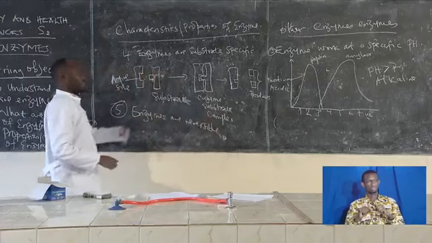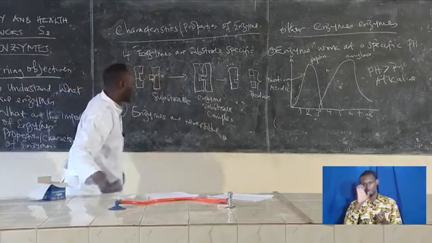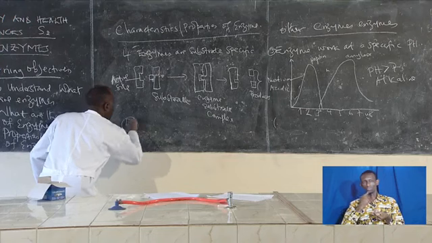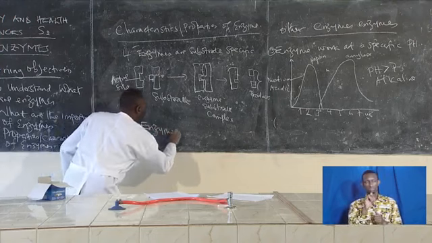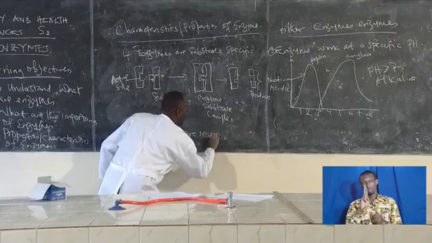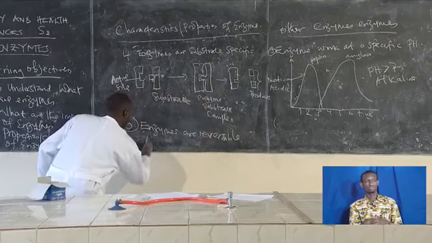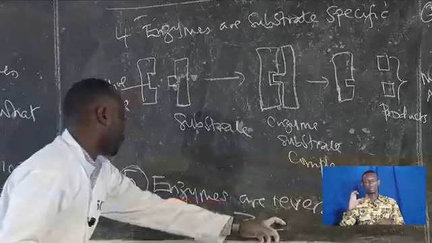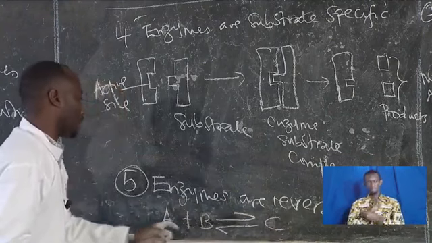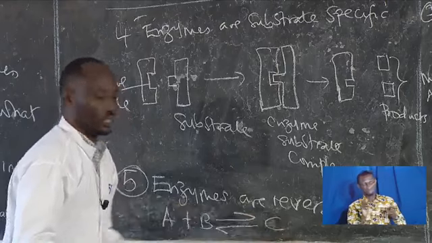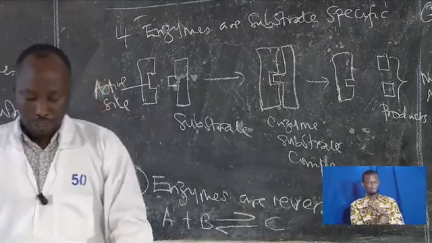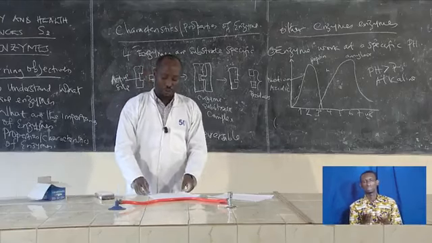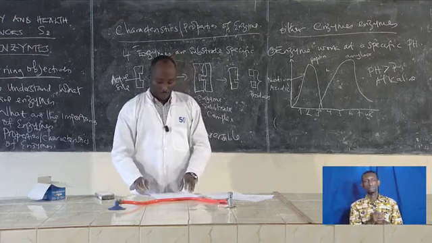If I say they carry out a reversible reaction, for example, A plus B, with reversible arrows, gives C. C can be converted into A plus B, as well as A plus B can produce C. So enzymes are reversible. That means they can change a substrate into product and product back into the original substrate.